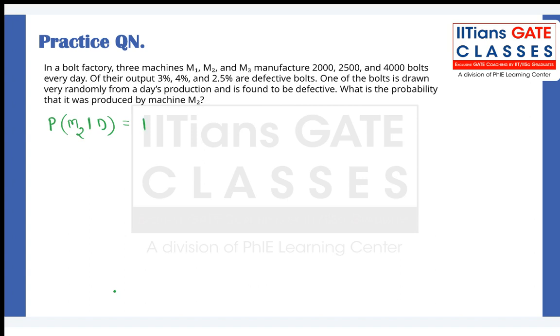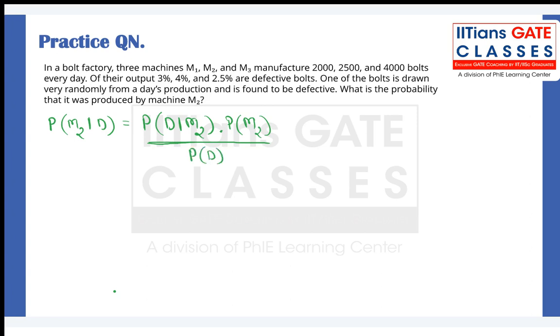So what is the probability that it is defective given it is machine 2, multiplied by the probability that it is machine 2, divided by the probability that it was defective?